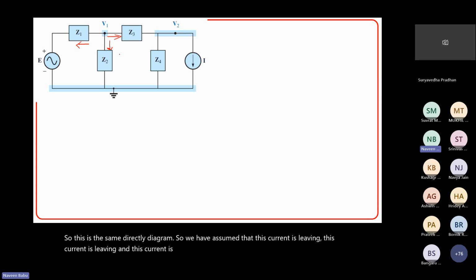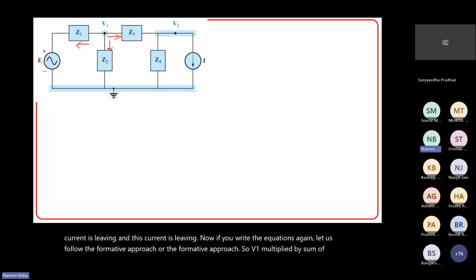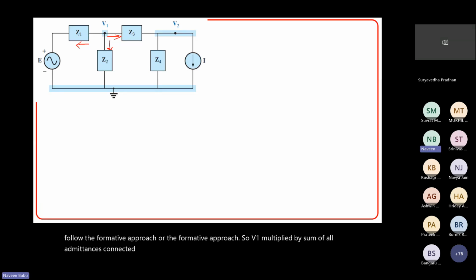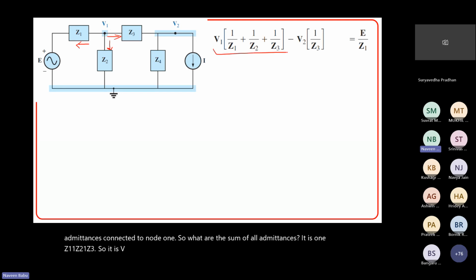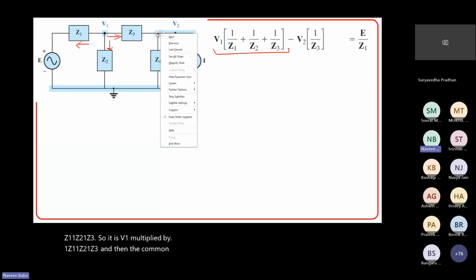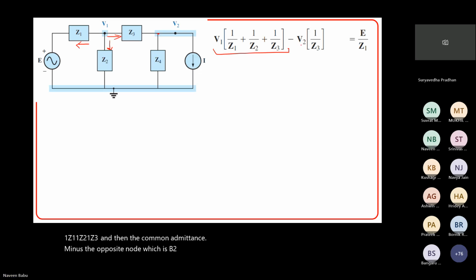Now, if you write the equations again, let us follow the formative approach. What is the formative approach? V1 multiplied by the sum of all admittances connected to node 1. What is the sum of all admittances? It is 1 by Z1 plus 1 by Z2 plus 1 by Z3. So it is V1 multiplied by 1 by Z1 plus 1 by Z2 plus 1 by Z3, and then minus the opposite node voltage V2, multiplied by the admittance that is common between 1 and 2, which is 1 upon Z3, will be equal to the current entering.